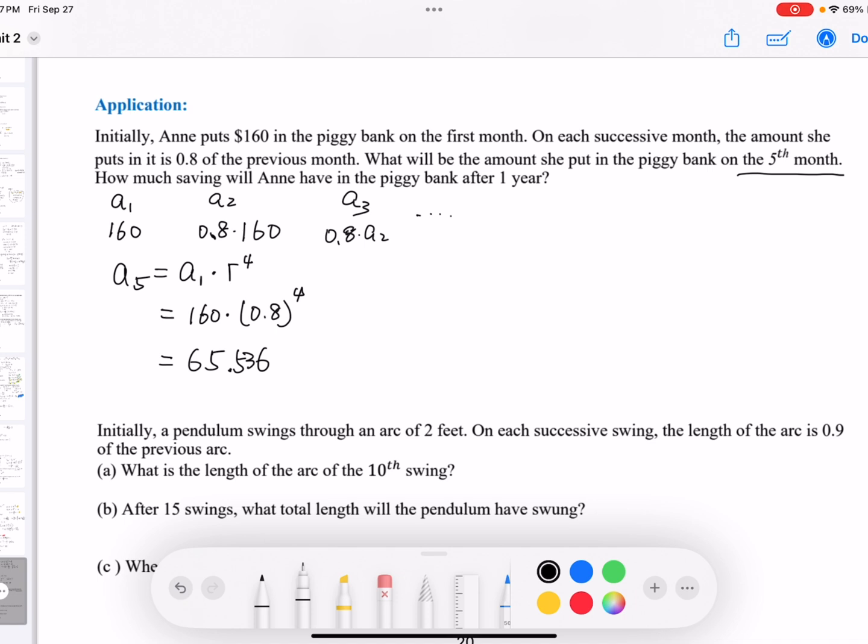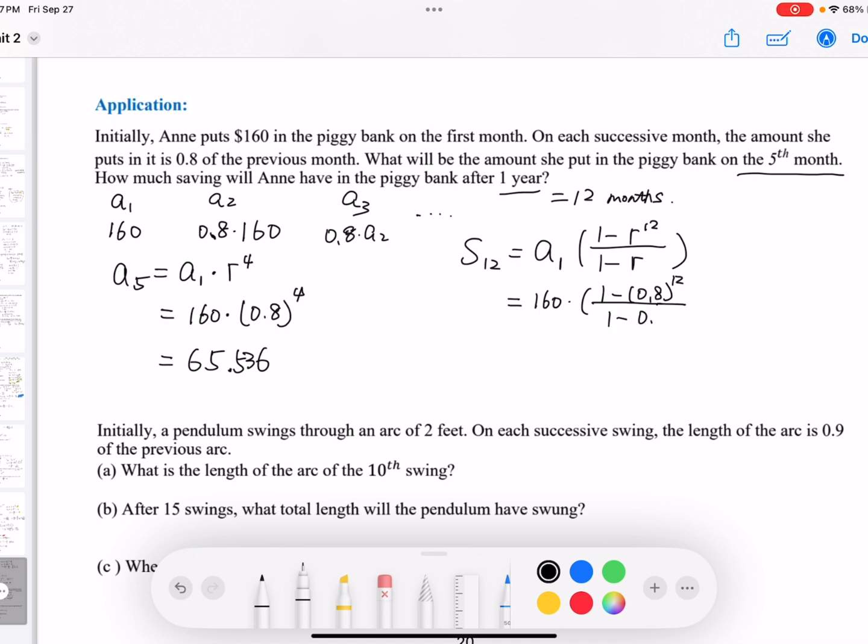A year equals 12 months. That means we're looking for S sub 12. So finding the S sub 12, we have the formula, which is A sub 1 multiplied by the parentheses 1 minus R to the 12th, all divided by 1 minus R. And A sub 1 is 160 multiplied by 1 minus 0.8 to the 12th, all divided by 1 minus 0.8.